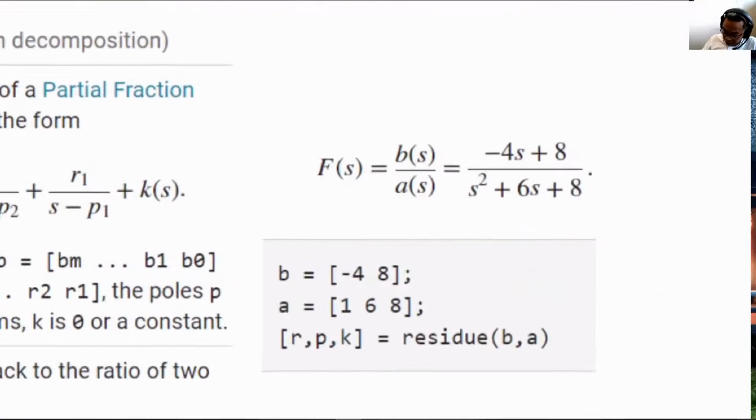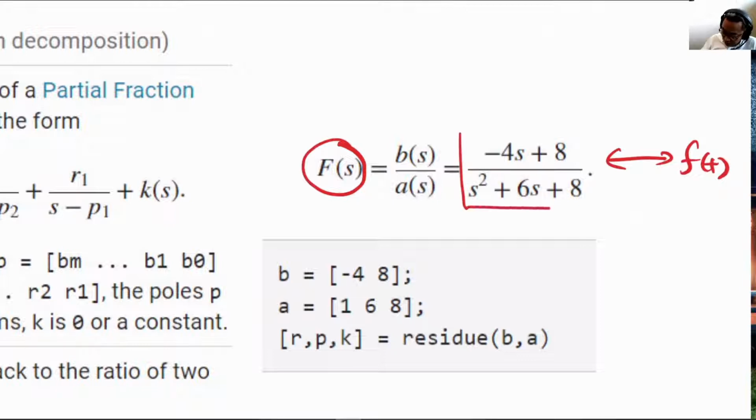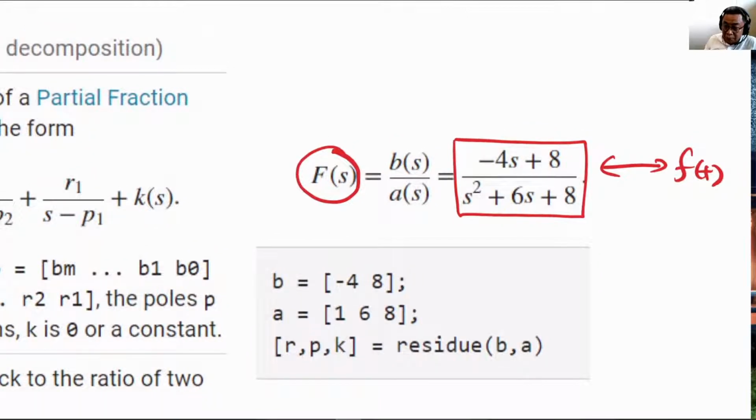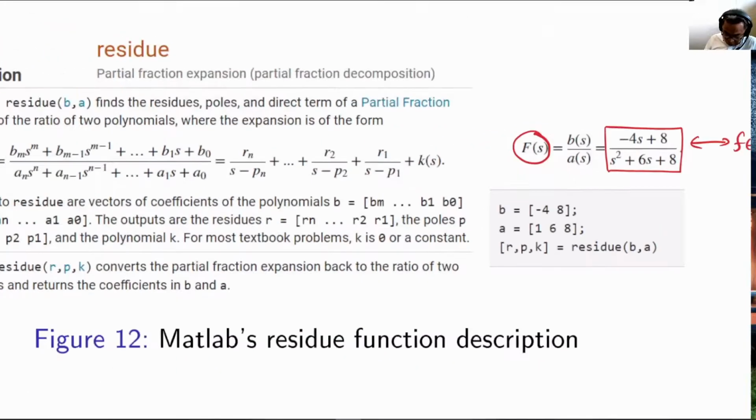So what happened? Well, typically we're given F(s) and we want to find f(t). How do we find f(t)? Our F(s) is given in a form that does not exist in the lookup table. What to do? Well, we want to convert this form into a much simpler form.